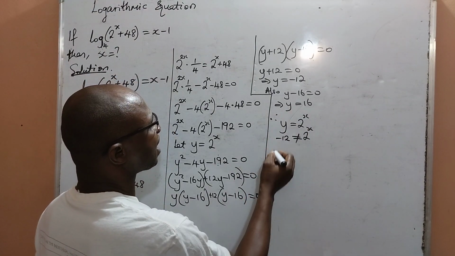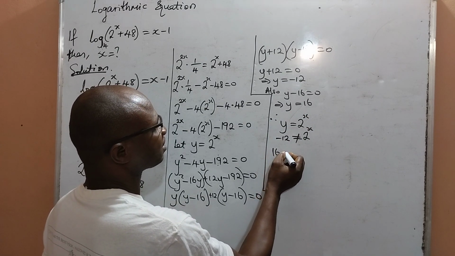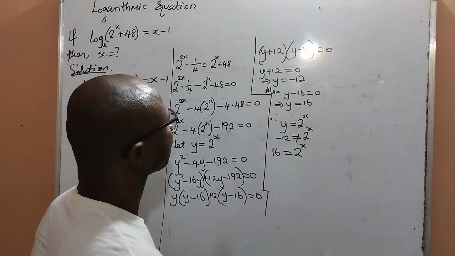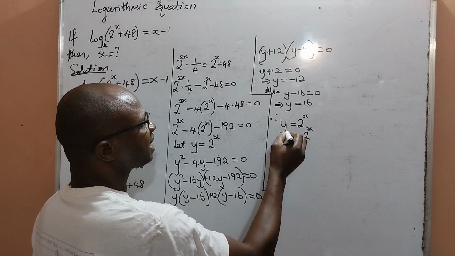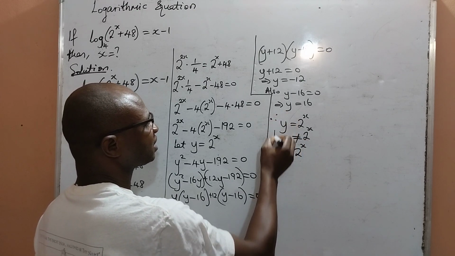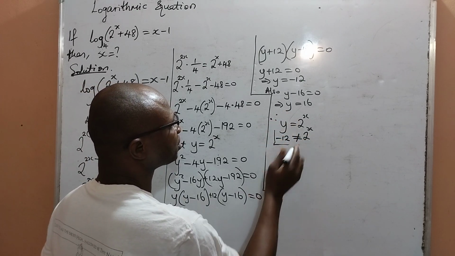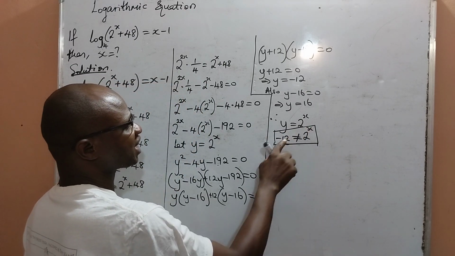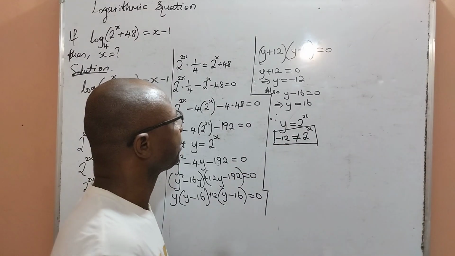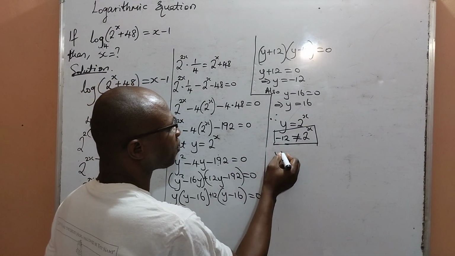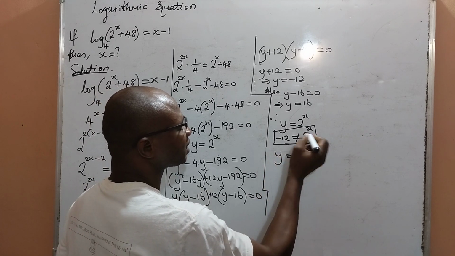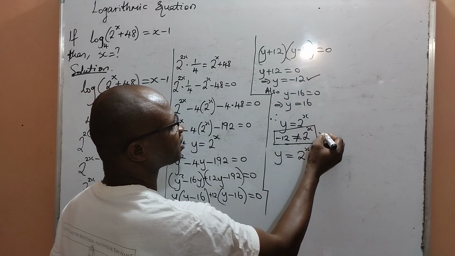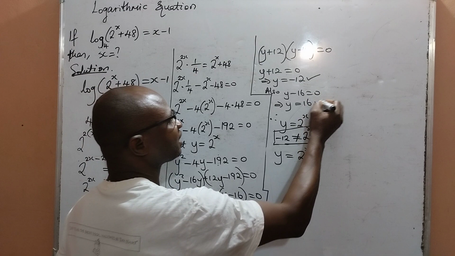Also, when y is 16, to the power of 2 raised to power x, that is, let's put it right, that 2 raised to the power x cannot be equal to minus 12. Beautiful. Therefore, from y equal to 2 to the power of x, if y now is 16, I have taken this, that is this, but it cannot work for us, so I'm taking this.